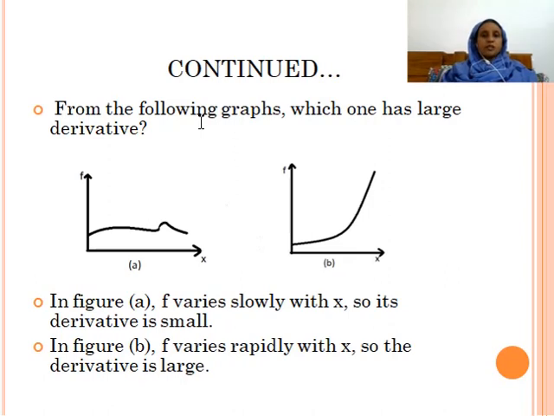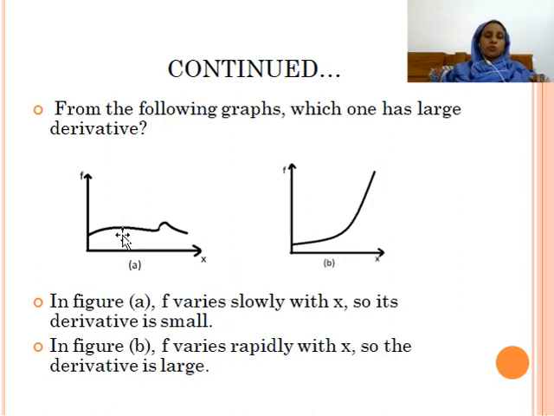For example, here there are two plots. You can see two plots here. In this plot, the function f varies with x like this. Okay. If you find out the slope of this function, df by dx, it is a small value. Why? Because a change in x produces a small change in f.